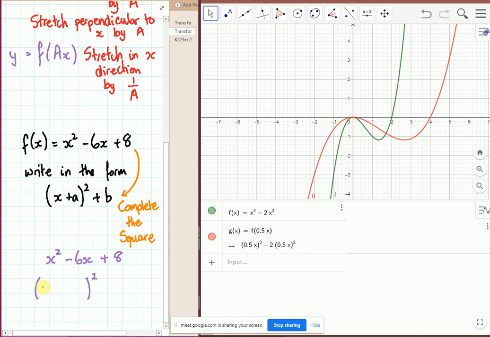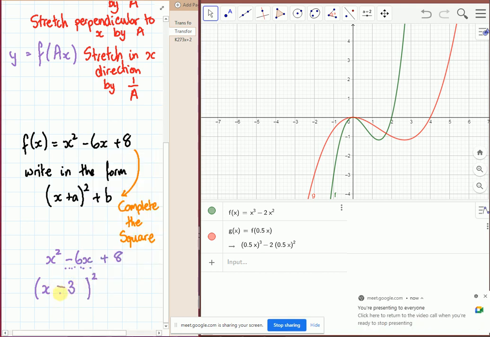So I'm going to take the x down. If I'm going to square this bracket, this number here multiplies by x twice to give me my minus 6. So what number do I need in here, in this gap? Yeah, it's just the minus 3.